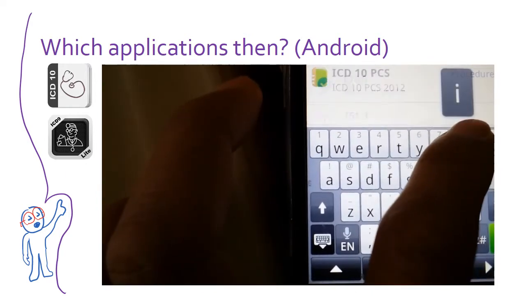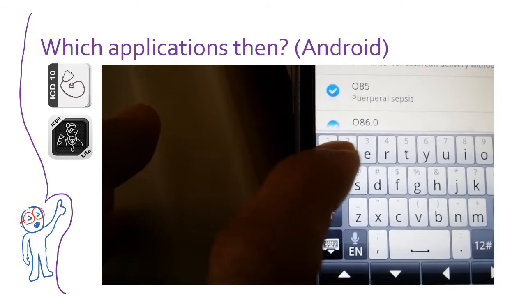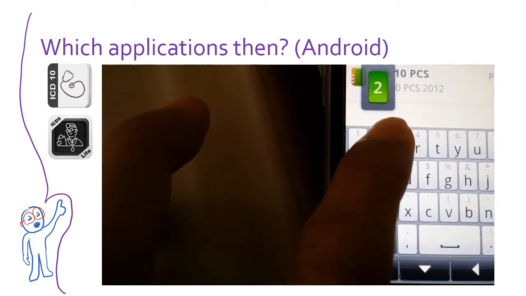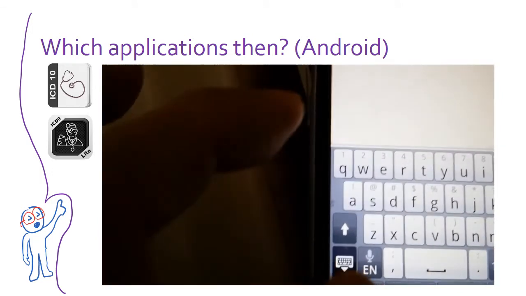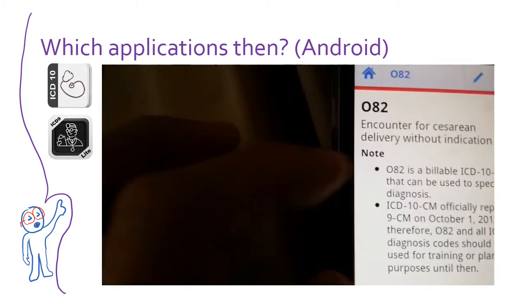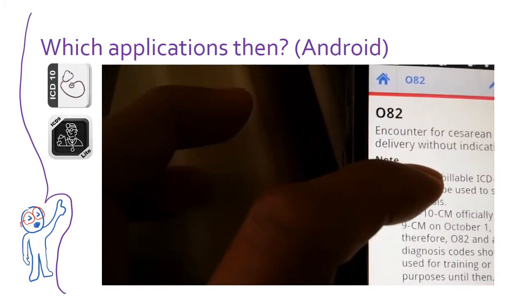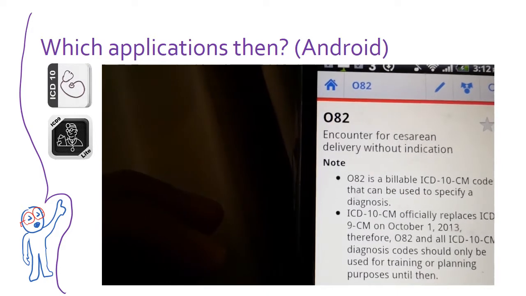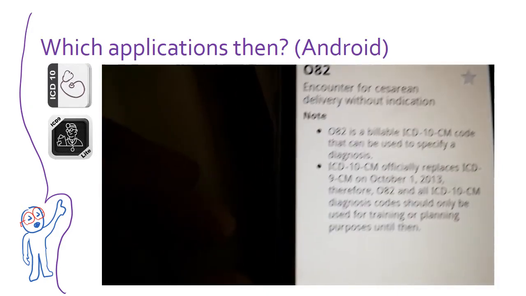Let me show you what the difference is. Here is the code for cesarean delivery. It is O82.